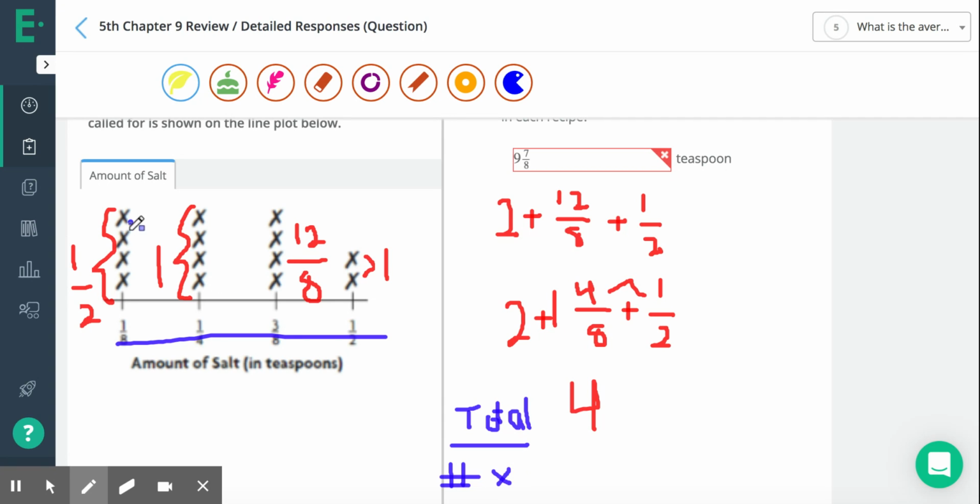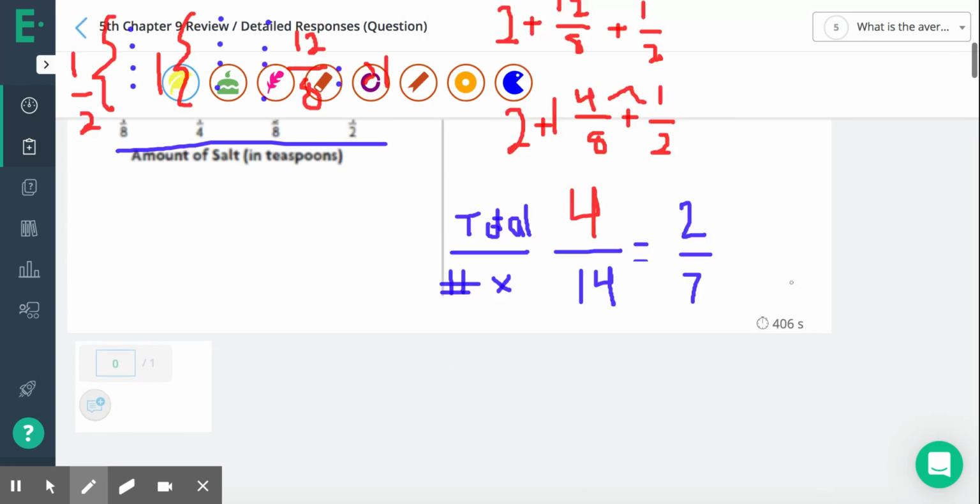Okay, I have 1, 2, 3, 4, 5, 6, 7, 8, 9, 10, 11, 12, 13, 14. 4/14. I can simplify that by dividing by 2. That gives me 2/7. 2/7 does seem reasonable. It would be here in the middle somewhere.